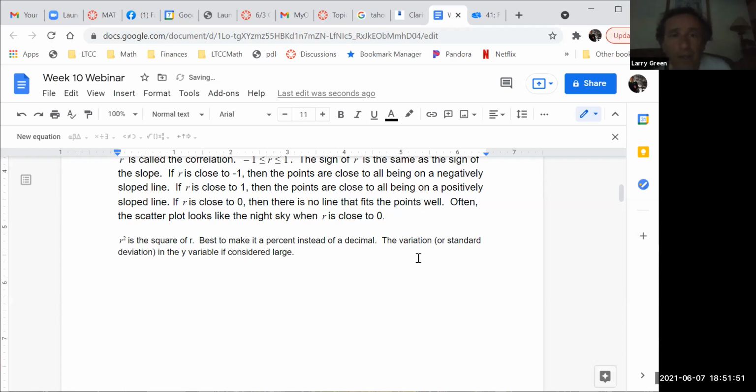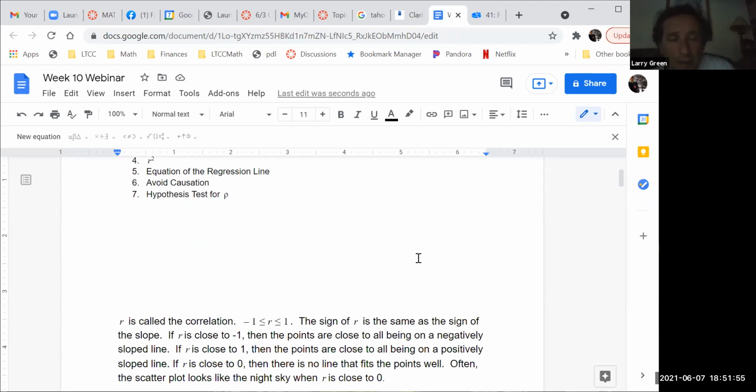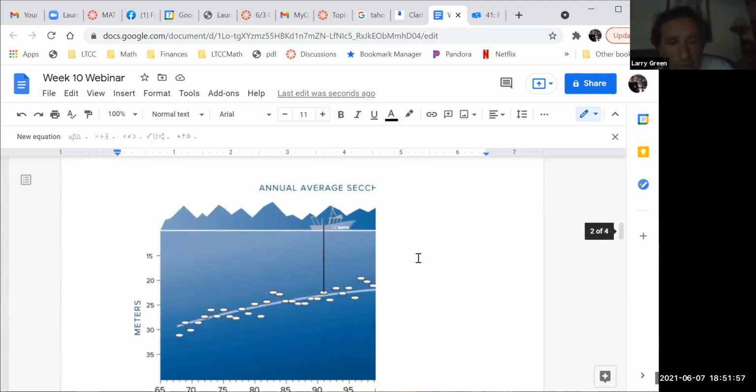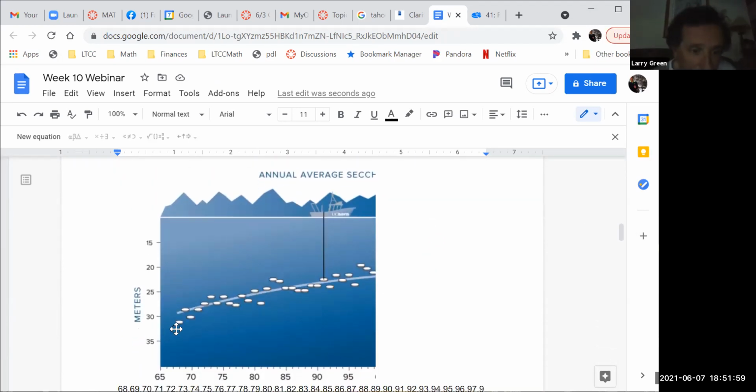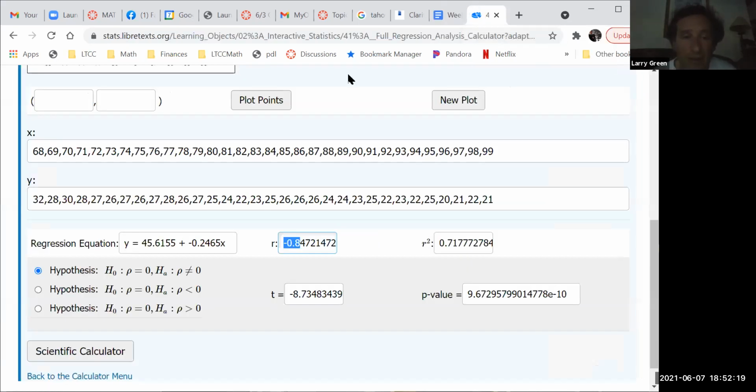So for example, in our case, if we look at the variation of the y variable, notice it goes from about, the lowest was around 20 and the highest looks like around 32, right? That's a pretty big variation in depth of clarity. Do you agree? So going from 20 to 32, it's all over the place. So it has a pretty high standard deviation.